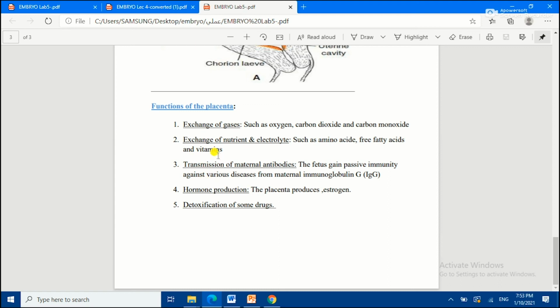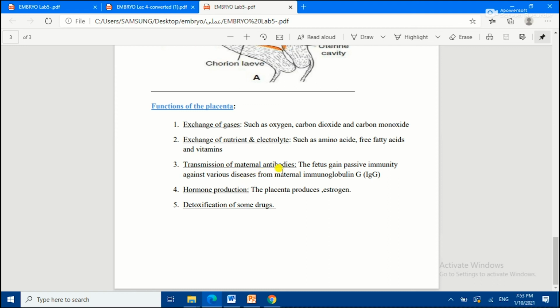The third function is transmission of what? Of the maternal antibodies. So the fetus gains passive immunity from the mother, against some diseases.